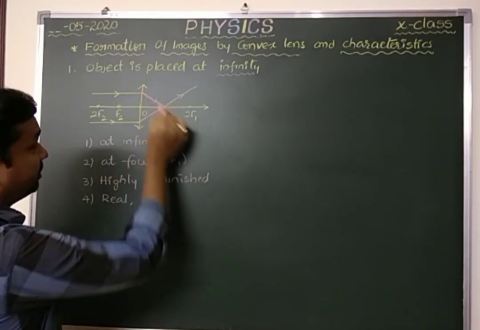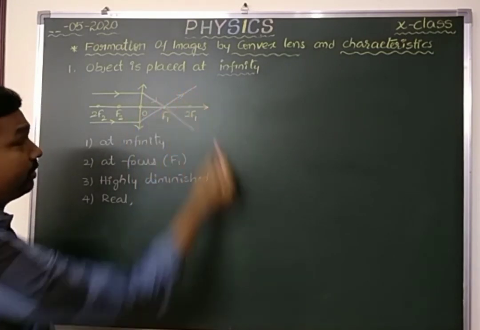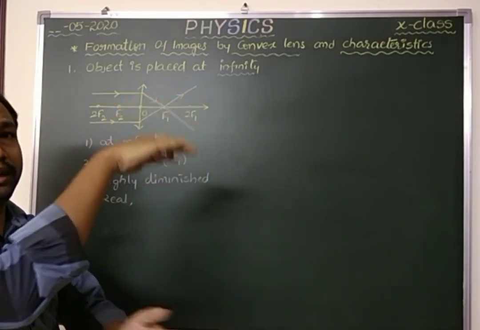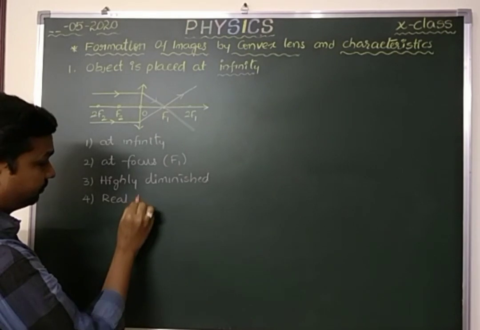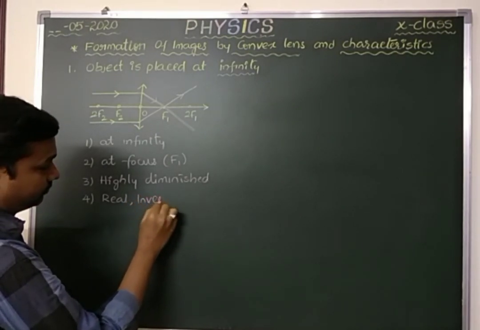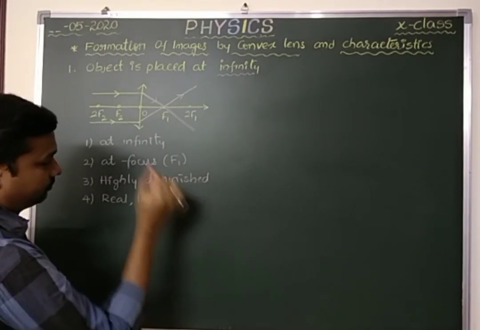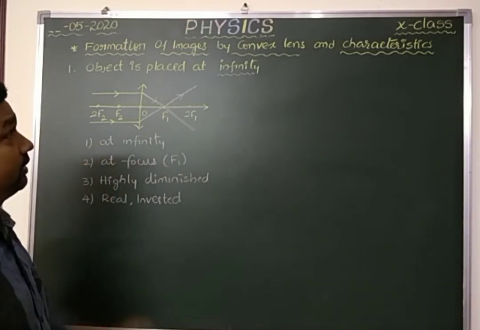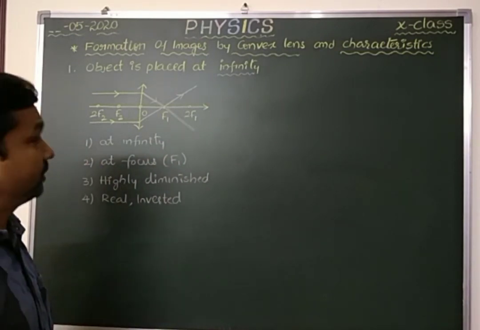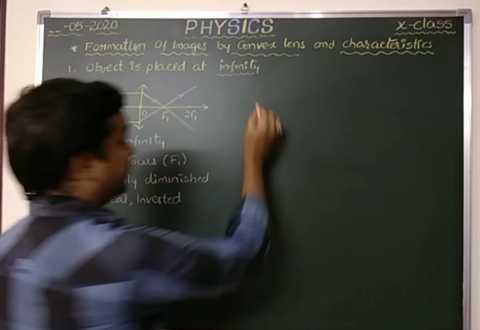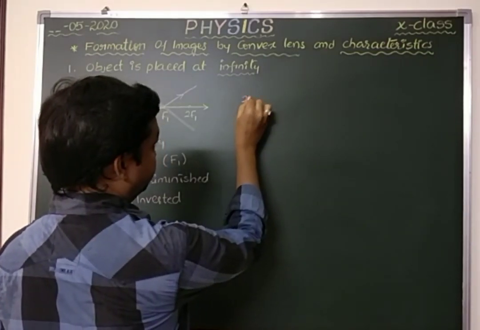Here the top light ray is coming down, the bottom light ray is going up, so the image will be inverted. This is the first ray diagram. And coming to the second ray diagram.